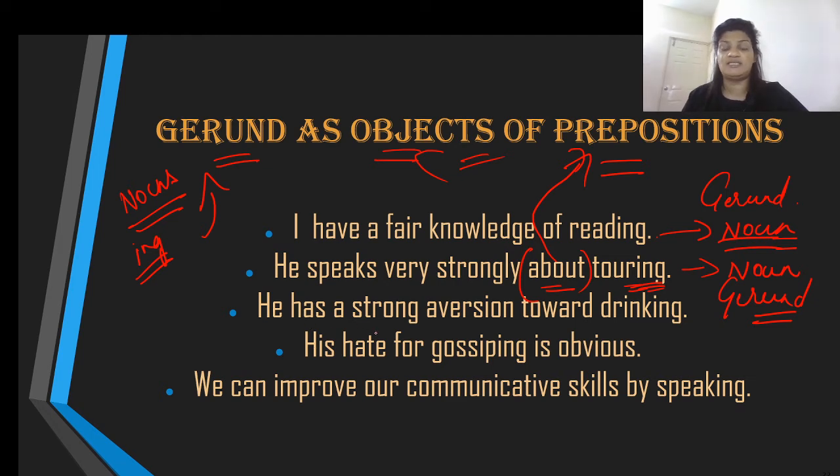Similarly, he has a strong aversion toward drinking. Now here toward is your preposition, and there you have your ing verb, and therefore we call it a gerund because it functions like the object of the preposition toward. All right.